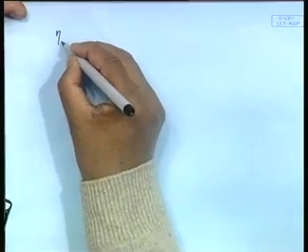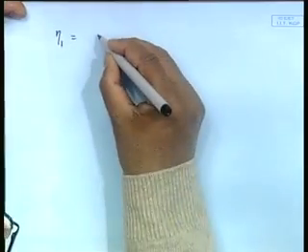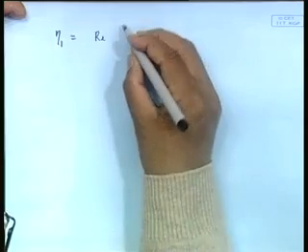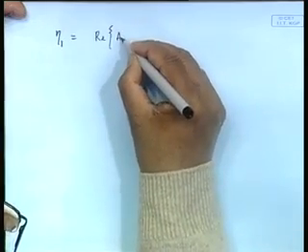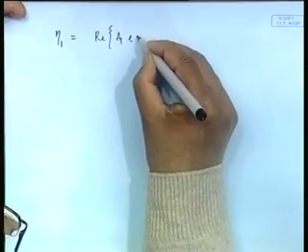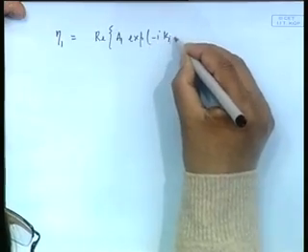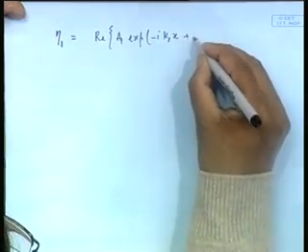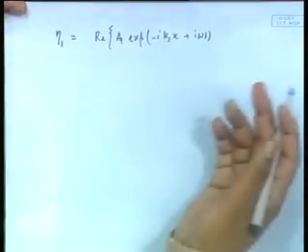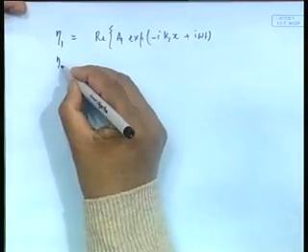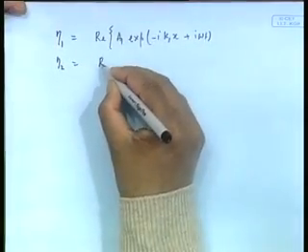So, now we consider two waves. One is eta 1, which is written as the real part of a1 e power of minus i k1 x plus i omega 1 t. Okay. Now, I am going to add another wave eta 2, which is the real part of a2 e power of minus i k2 x plus i omega 2 t.